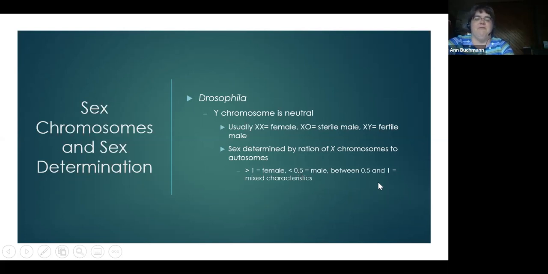If it's between 0.5 and 1, it's got mixed characteristics. Don't worry about this, but I put this in here because you realize that we can play around with these fruit flies using genetic techniques and figure out exactly what's going on by playing with the number of X chromosomes versus the number of autosomes.